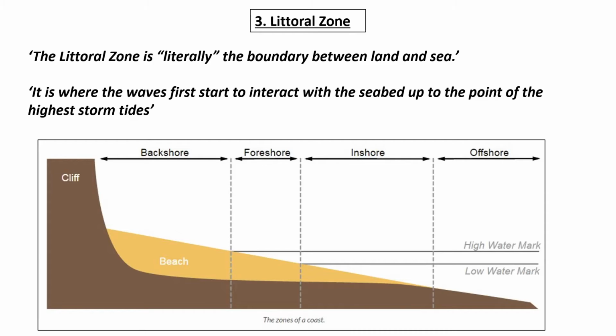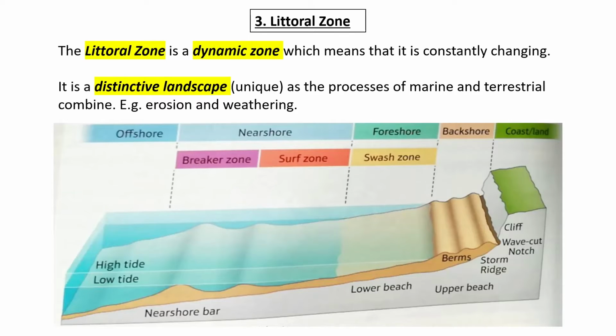Now, if I highlight anything throughout this video, it means that it's an important word or term that the exam board will be expecting to see used, especially in your answers for exams, and it shows understanding. So the littoral zone is a dynamic zone, which means that it's constantly changing, and it's a distinctive landscape, which means it's unique, as it has processes from marine, which is in the sea, and terrestrial, which is on land, and where they both meet each other and combine.